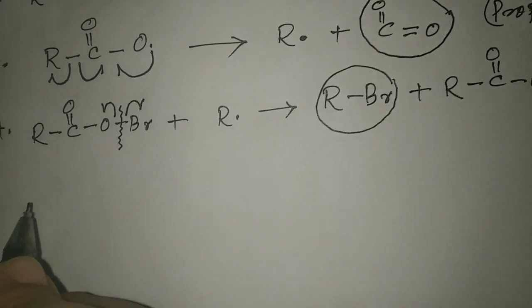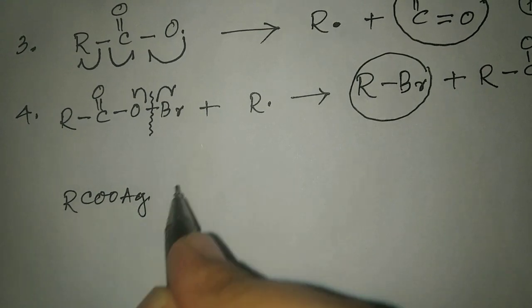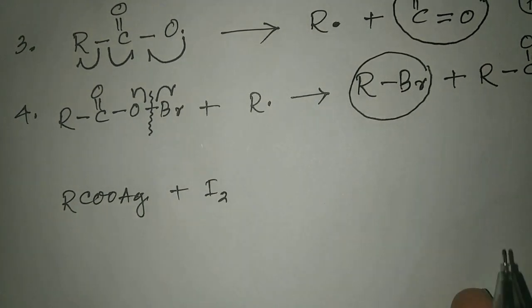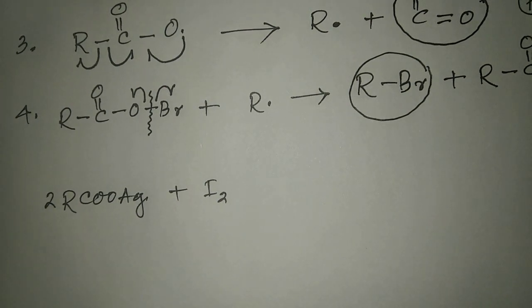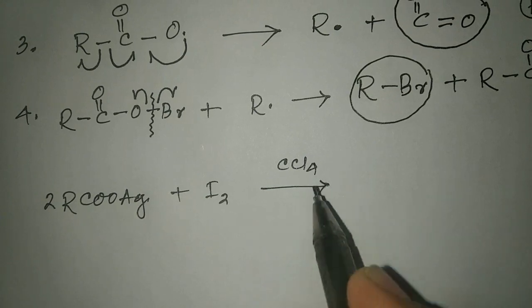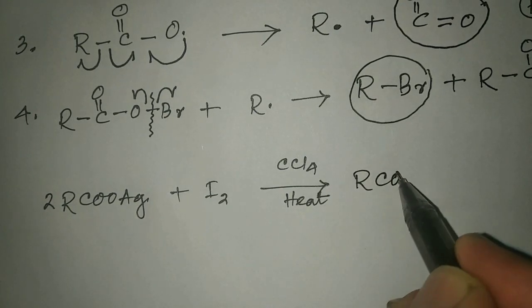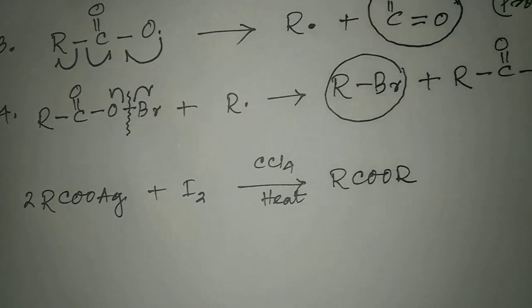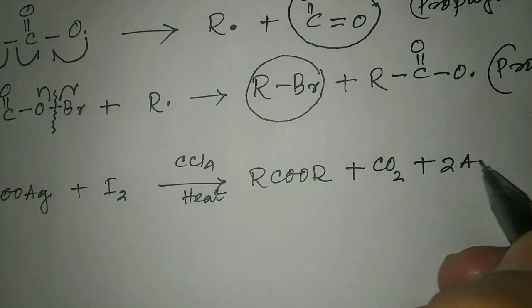When this reaction mixture, in a 2:1 ratio, is heated in CCl4 medium, an ester RCOOR is formed, along with the release of carbon dioxide and AgI.